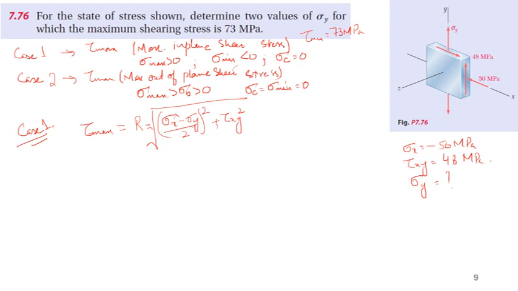We know that tau max is 73 megapascal, and sigma x is minus 50 megapascal. Sigma y we have to find, divided by 2, square, plus 48 square.